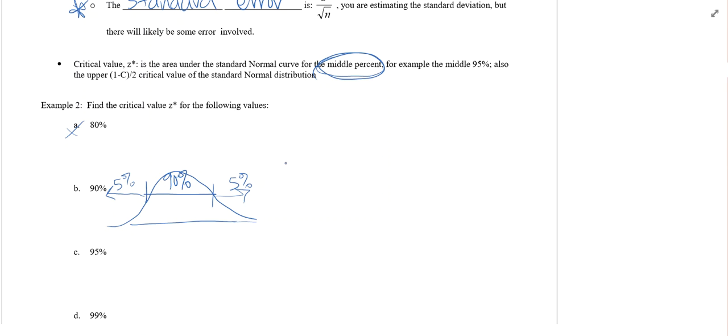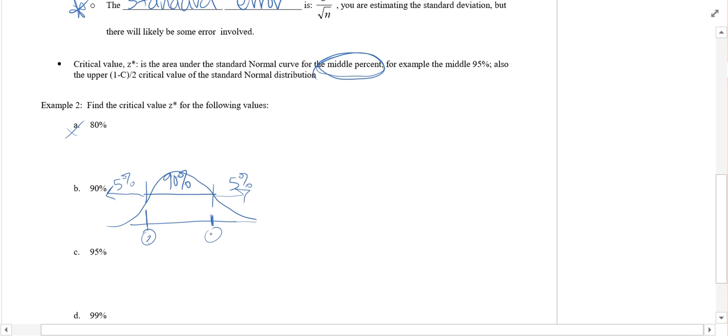We're going to try to find kind of like a Z-score. So if we already know the percent, we're not doing normal CDF, we're doing inverse norm. We want to know what these Z-scores are. They're symmetric. They're the same distance from the mean. So we're going to do inverse norm. The lower one is 0.05. Go ahead and do that in your calculator.